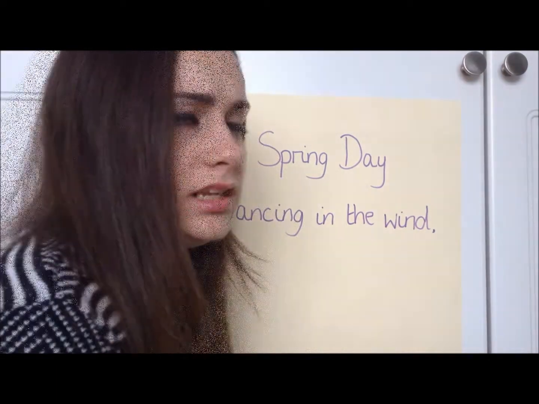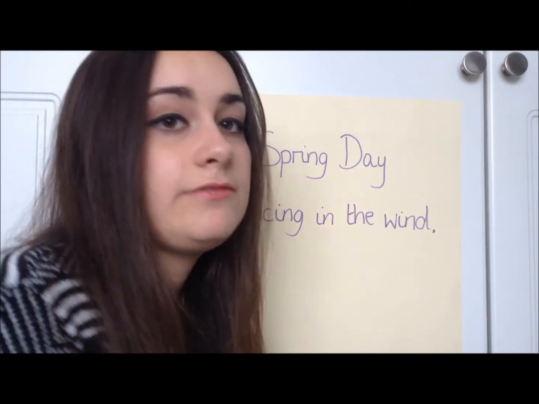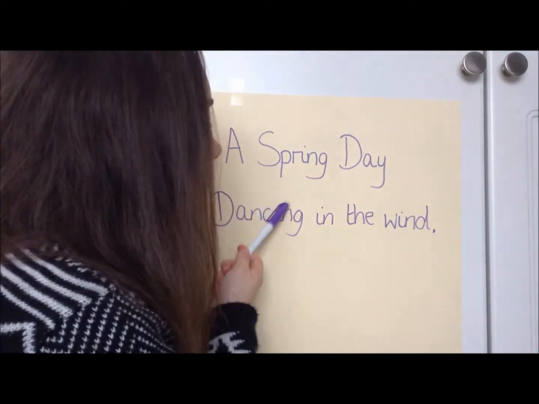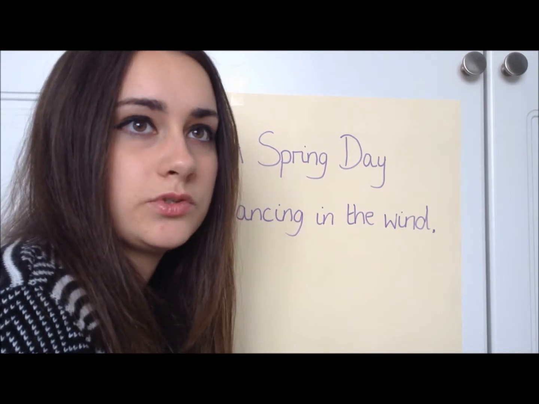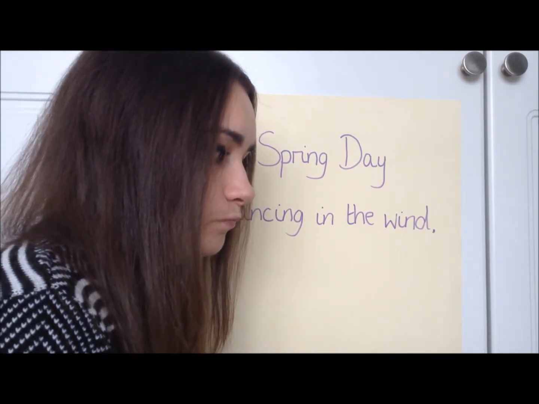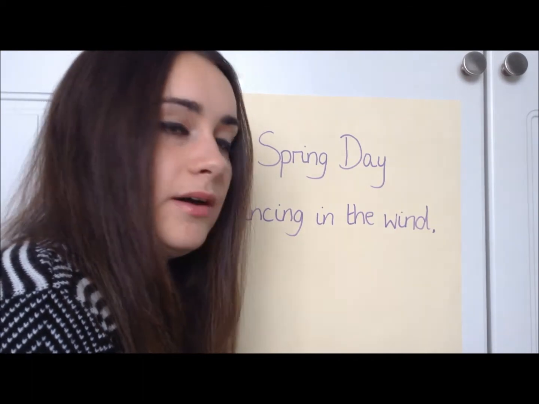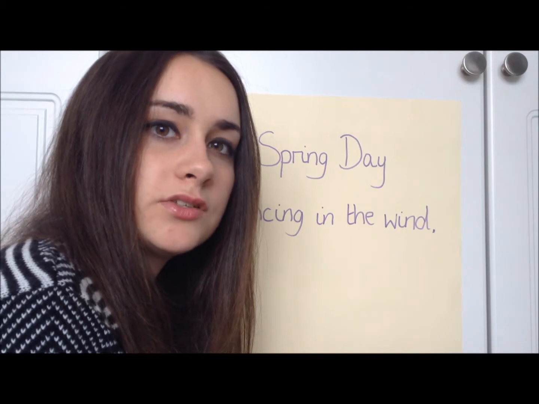Now my second line gets 7 syllables. Let's think. I could have flowers in this section, which I didn't have before in our first line. So flowers is 2 syllables. That means I have another 5 syllables left. Now how about something to describe the flowers?